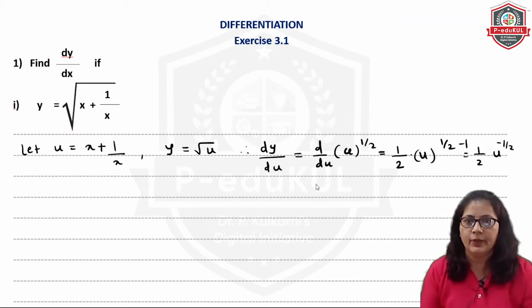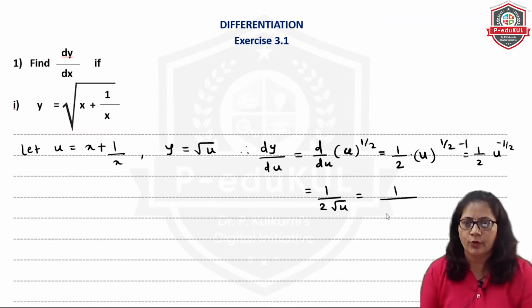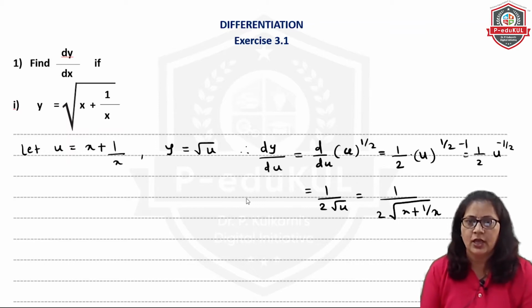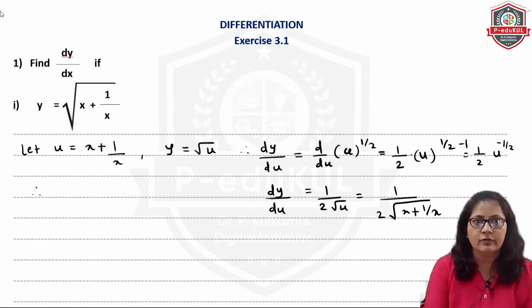So this is nothing but 1 upon 2 u raised to minus half, that will be 1 upon 2 root u, and that is nothing but 1 upon 2 under root x plus 1 upon x. This is what I have calculated as dy by du, right? But I wanted to find out dy by dx. So my dy by dx will be dy by du into du by dx, right?